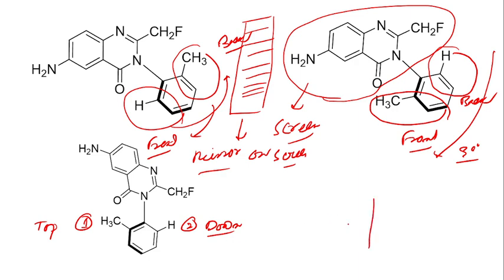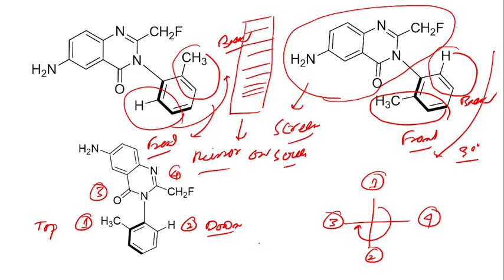So put 1 on top, 2 below, 3 on left and 4 on right. So 1, 2, 3 is clockwise.